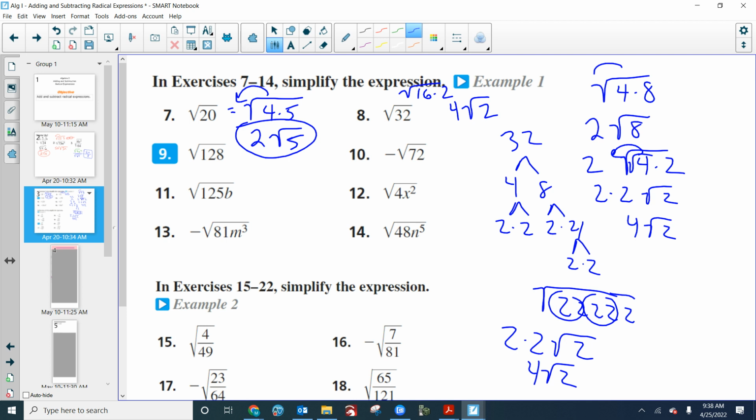Why don't you guys try 10? Negative square root of 72, excuse me.